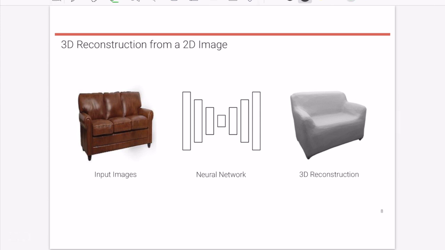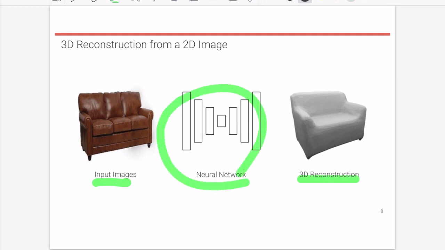Okay, so let's talk about how to reconstruct the 3D field from 2D images, for example, or single 2D images. Similar to many previous kinds of learning problems, we can formulate the mapping function from the input images to the 3D field.